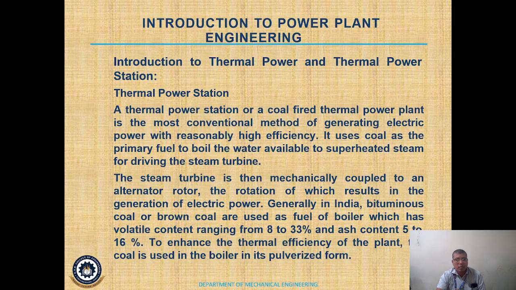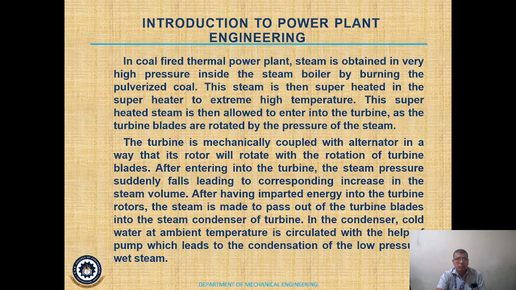To enhance the thermal efficiency of the plant, the coal is used in the boiler in its pulverized form. In a coal-fired thermal power plant, the steam is obtained at very high pressure inside the steam boiler by burning the pulverized coal. This steam is then superheated in the superheater to an extremely high temperature.